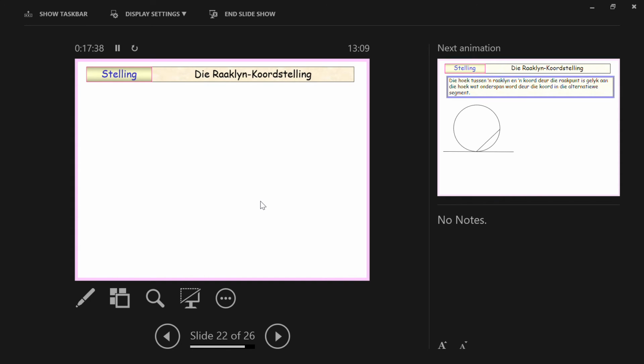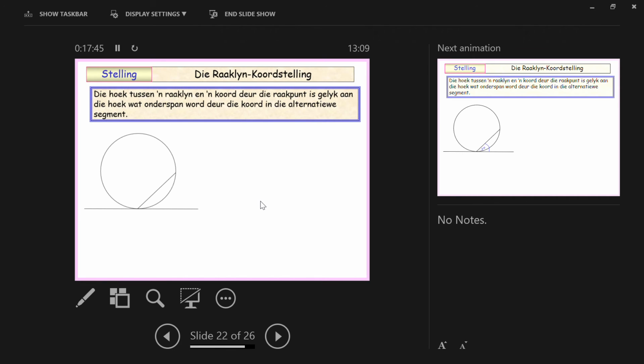Right, kom ons kyk gou na die raaklyn koordstelling. Hulle sê hier die hoek tussen die raaklyn. So this is now the third rule that you must know about tangents. Nee? Die hoek tussen die raaklyn en die koord. Met ander woorde, daai hoekie.